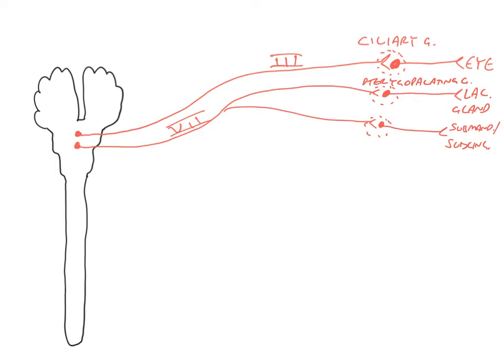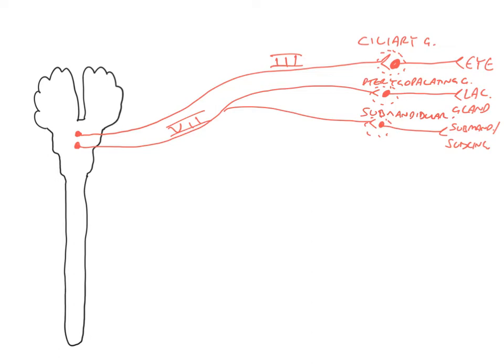And the ganglion which supplies those two salivary glands is known as the submandibular ganglion. So there we have the two ganglia where we have parasympathetic synapses provided by parasympathetic preganglionics from the facial nerve.